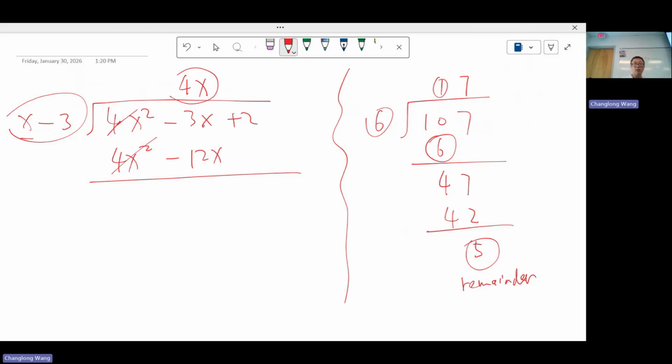So here's the tricky part. If you subtract -12x from -3x, what do you get? Be careful. You're finding a difference between these 2 guys, not adding them up. You subtract them.